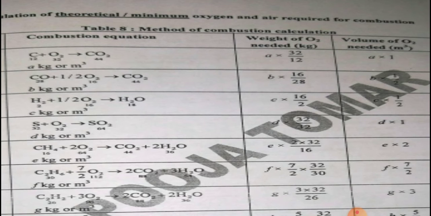So if C kilogram of hydrogen is present, the calculation is C into 16 by 2. Volumetric calculation for hydrogen is C into half, because 1 volume of hydrogen requires half volume of oxygen to form H2O. So the volume of oxygen needed is C into half.